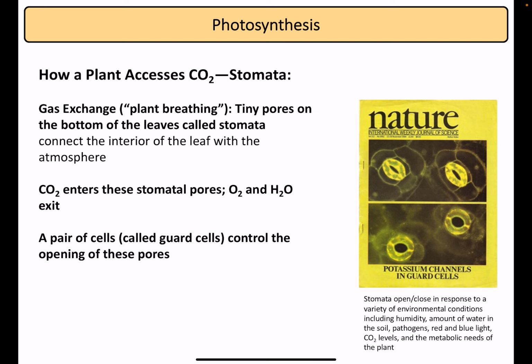So I actually know probably more than most people about these guard cells because I did my master's research on guard cells. I specifically studied a plant hormone called abscisic acid, also known as ABA, which allows a plant to respond to drought stress, and specifically to close its stomatal pores in response to drought.